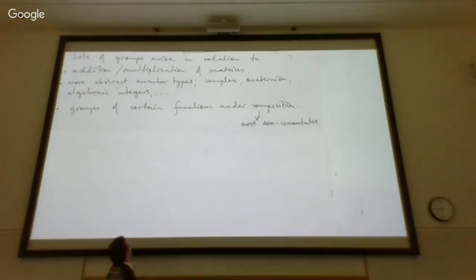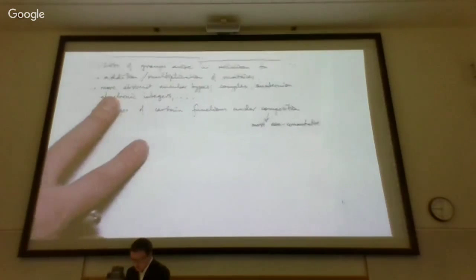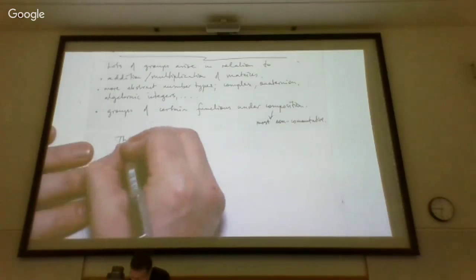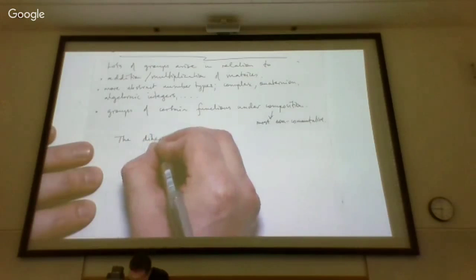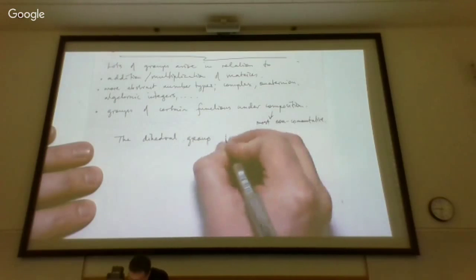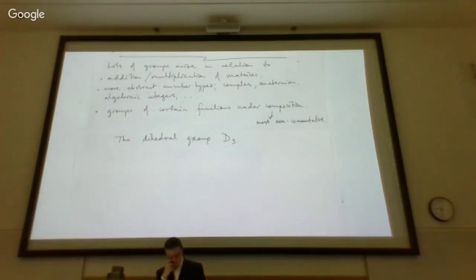So our next example will be, I think, unfamiliar to you in the way it's presented. So this is called the dihedral group D3. That's what its name is.